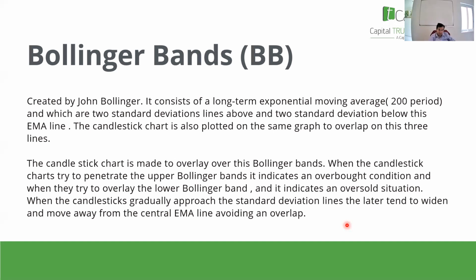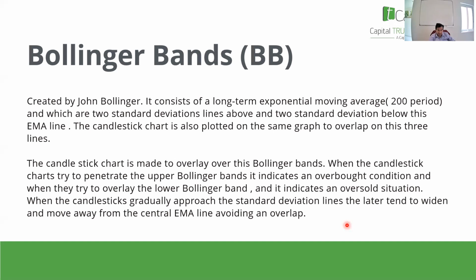Created by John Bollinger, you have the Bollinger chart. It consists of a long-term exponential moving average, 200 period. There are two standard deviations. I have already mentioned that when I was showing it on the chart.